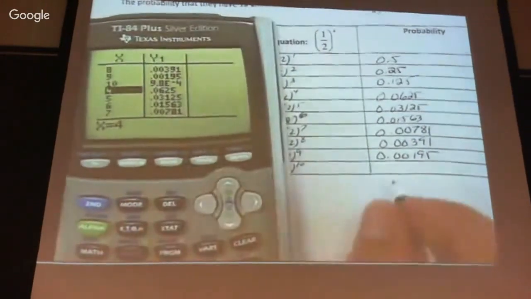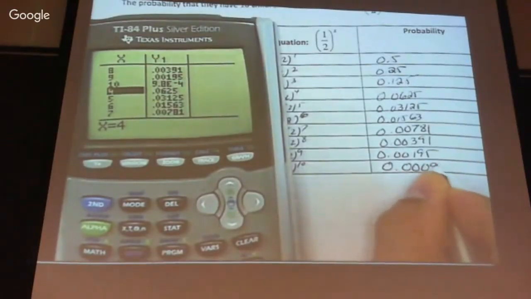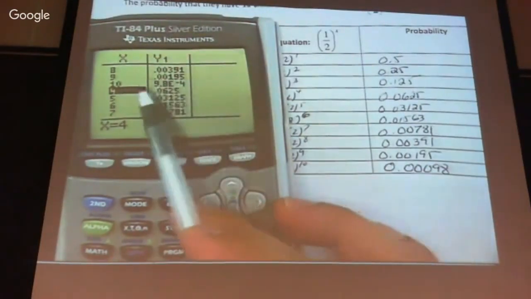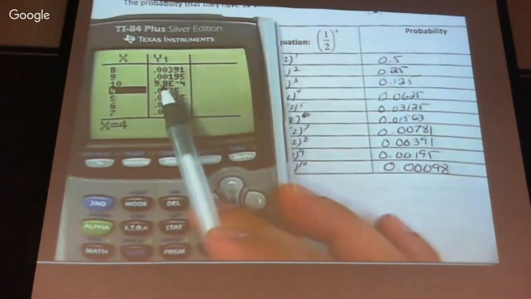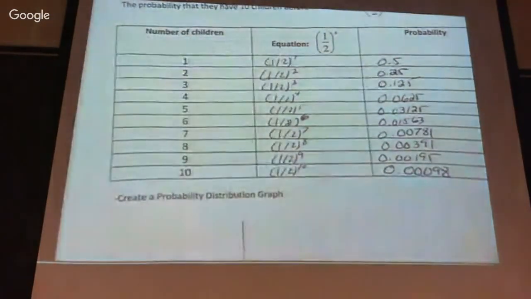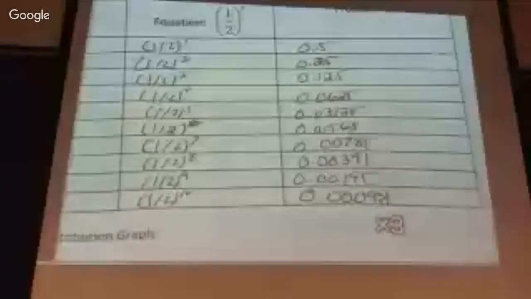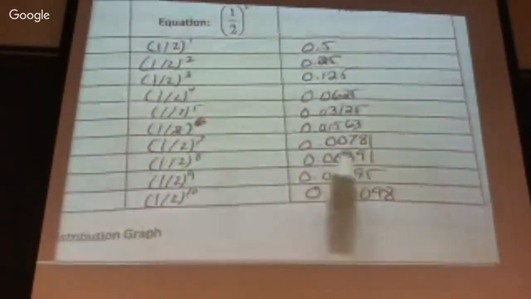So if you ever see that, it's like scientific notation, times 10 to the negative 4. It starts at the decimal, and negative means to the left, positive means to the right. So you've just figured out the probabilities. Somebody mentioned that somebody had 6 girls in a row. What's the chance of having 6 girls in a row?